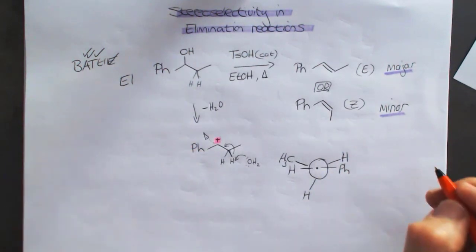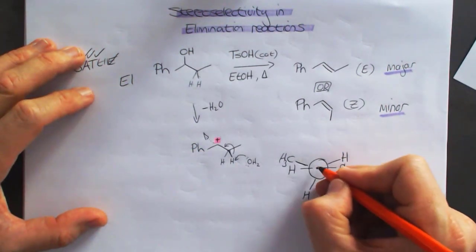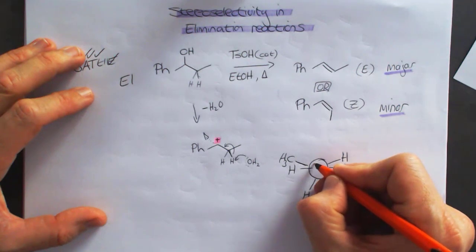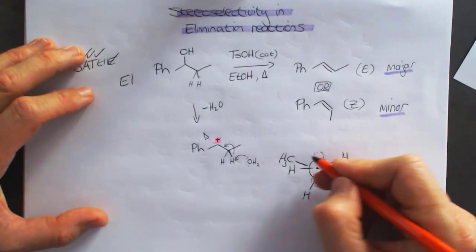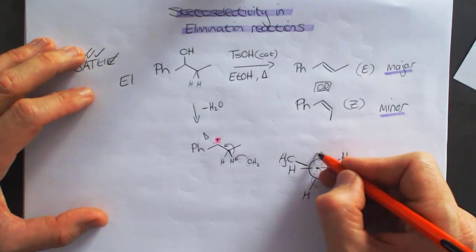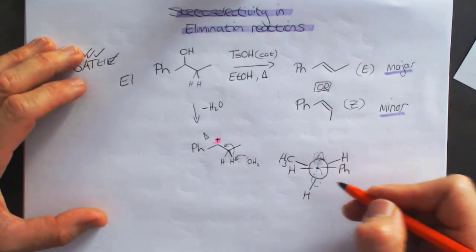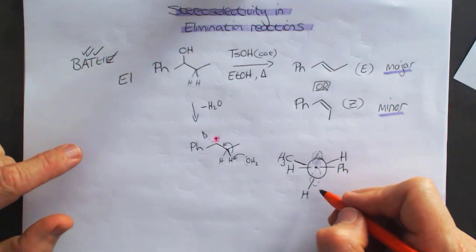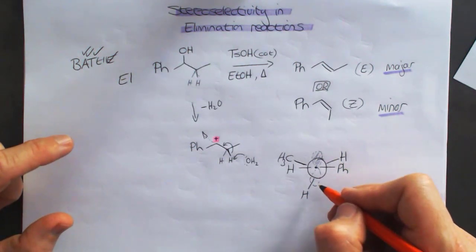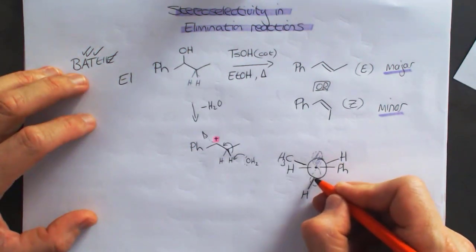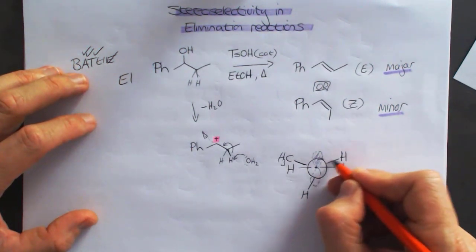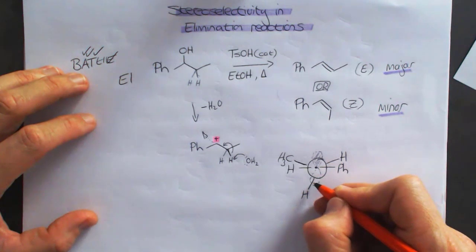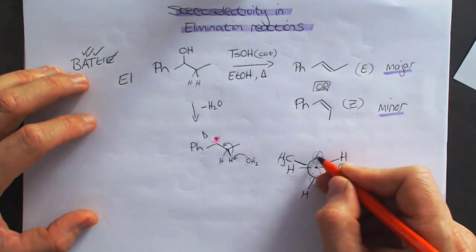Now, this is a carbocation. The carbocation is actually in a p orbital, so we're looking at it straight up and straight down like that. There's the p orbital sitting over there, and of course, it will be shaded on the one side and not. Now, in order for the elimination reaction to occur, we've got two hydrogens here, but one of those hydrogens has to get coplanar with this p orbital.